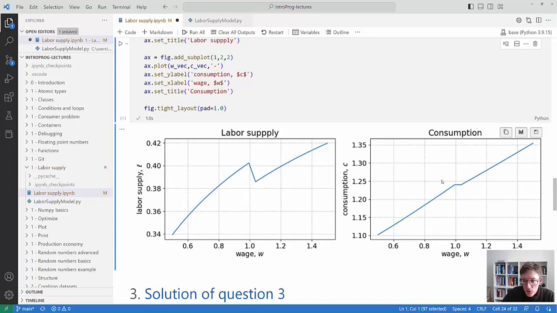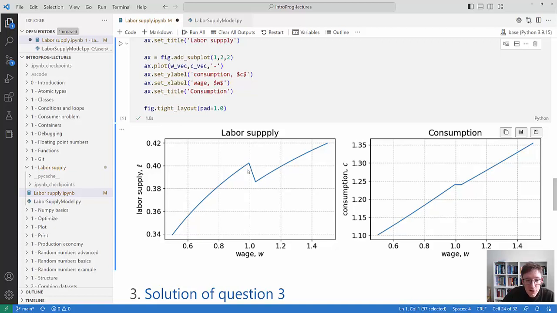And if we look over to the consumption choice, you can see that that's a point where the consumption is exactly flat. So you can show, if you dig a bit more into this, that this is because this is exactly at the cutoff. You don't want to increase your labor supply when your wage increases, because then you would get to pay the top tax, and you want to avoid that.